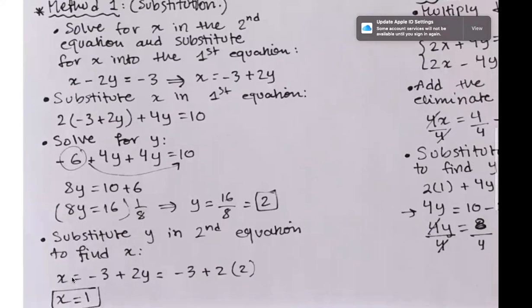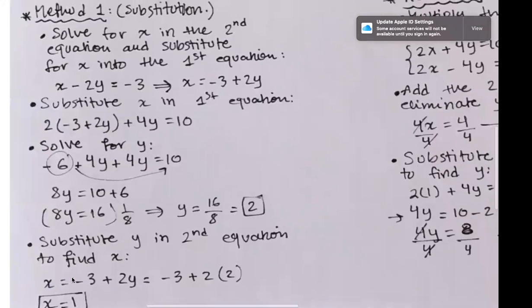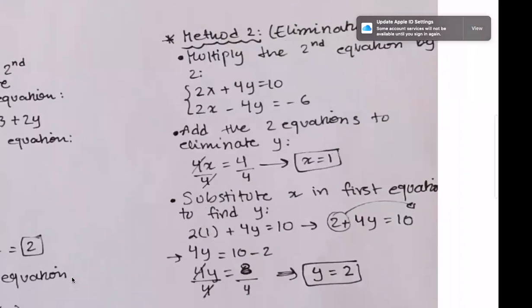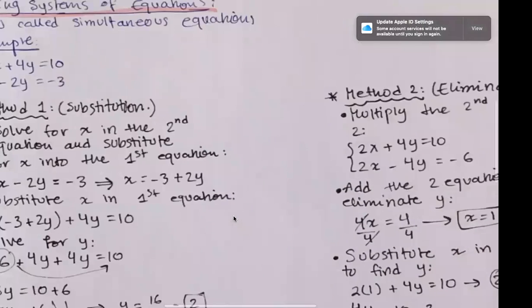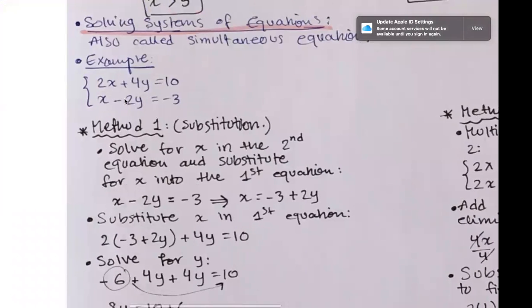Now, we're going to look at the other method, using elimination. When you're using elimination, you have to look at the equations and see what number you can multiply one of the equations by to eliminate a certain term.